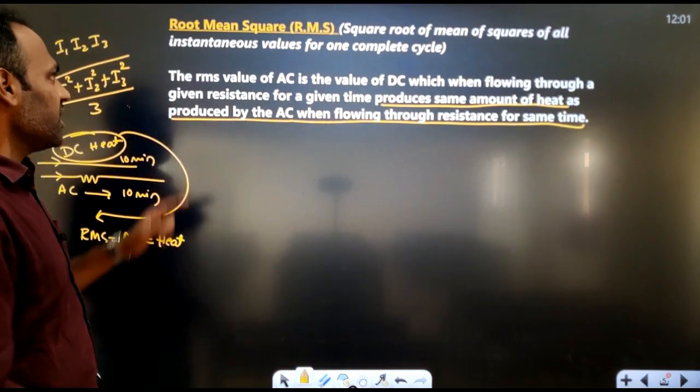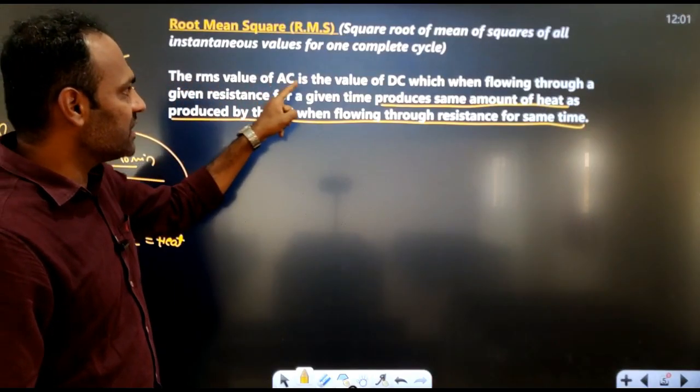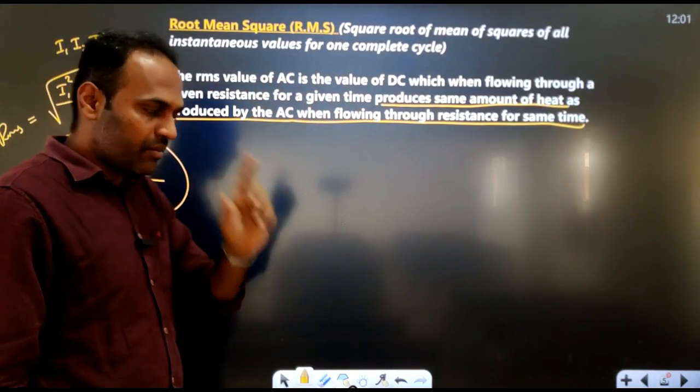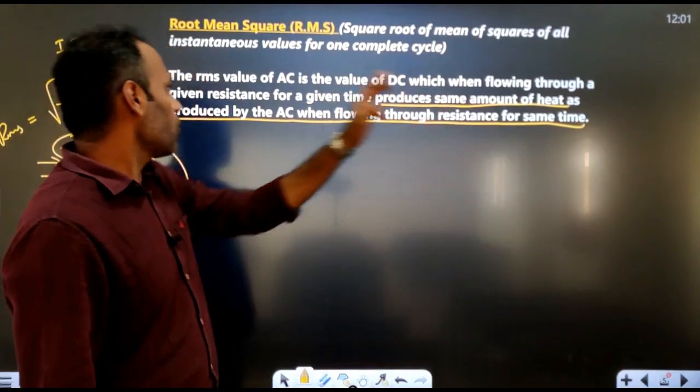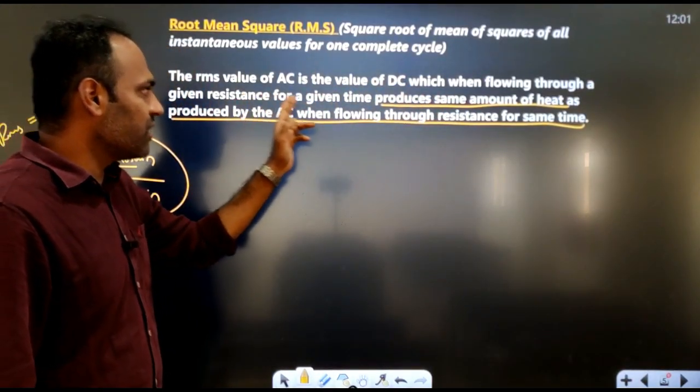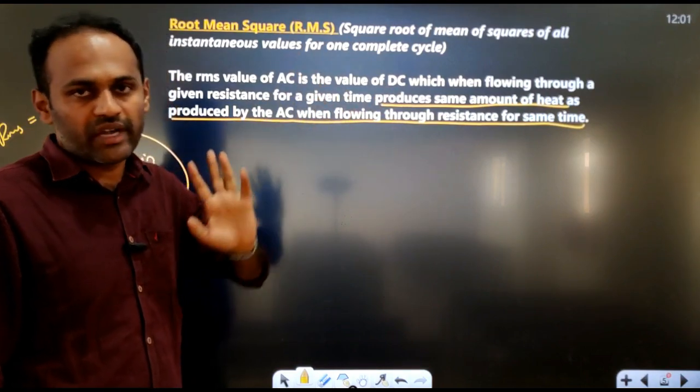So that's what we define. The RMS value of AC is the value of DC which, when flowing through a given resistance for a given time period, produces the same amount of heat in the resistor.